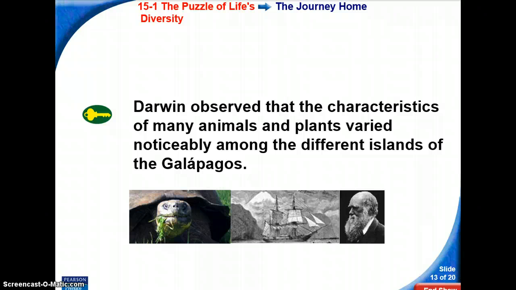So even though, again, those islands were so close together, the characteristics of the different plants and animals that were on the different islands were very different. He studied specifically tortoises and finches, which are a type of bird, and noticed some pretty interesting characteristics about the differences of those animals on those islands.